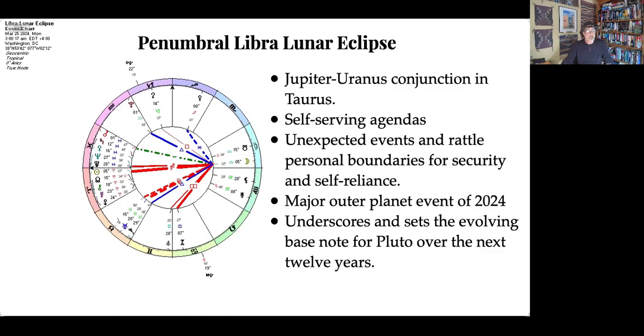Things are going to come up that make us a little bit uneasy with our sense of safety and security, and perhaps some of the ways that we ourselves have become self-reliant. We may have to find new ways to go about maintaining that self-reliance. As I said, this is the major outer planet event of 2024, because it underscores and sets the base note for Pluto over the next 12 years.